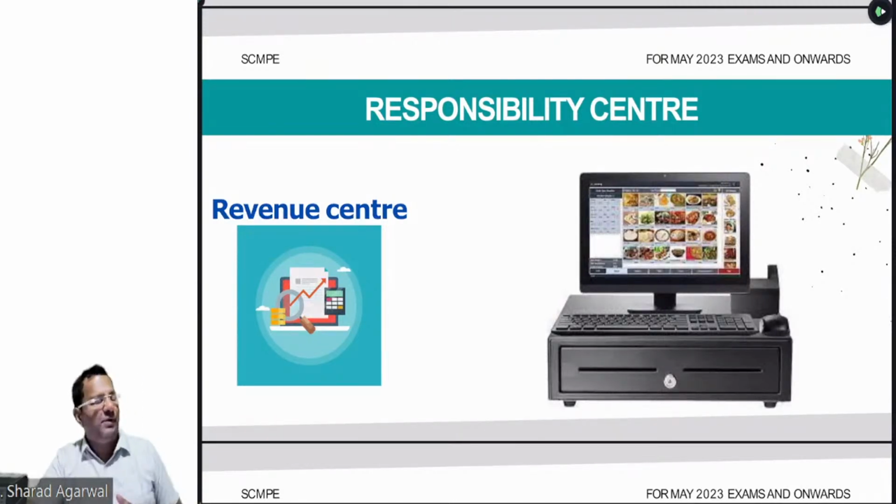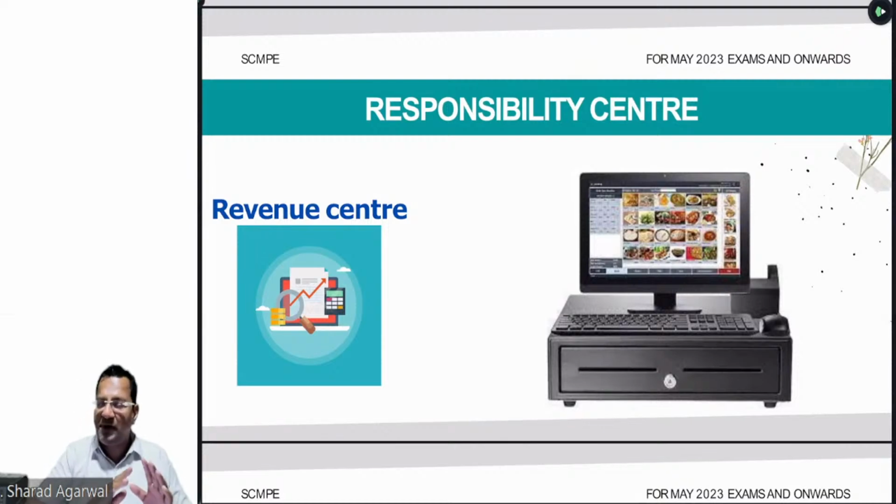Okay, another real life example I want to use regarding the revenue center. Any local municipality will collect the property tax, or the waste management charges. Like we are in Indore, we have the waste management system. So there is a separate department whose responsibility is only to collect the property taxes and the waste management charges from the public.